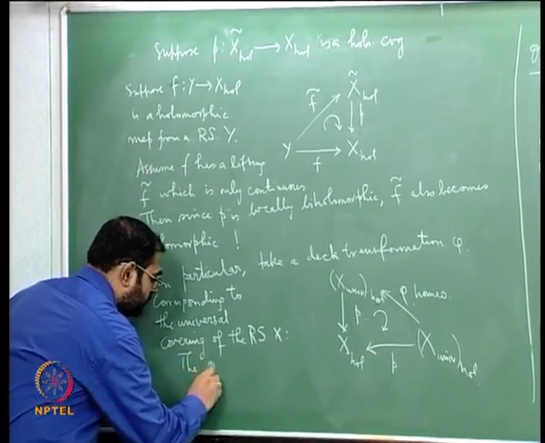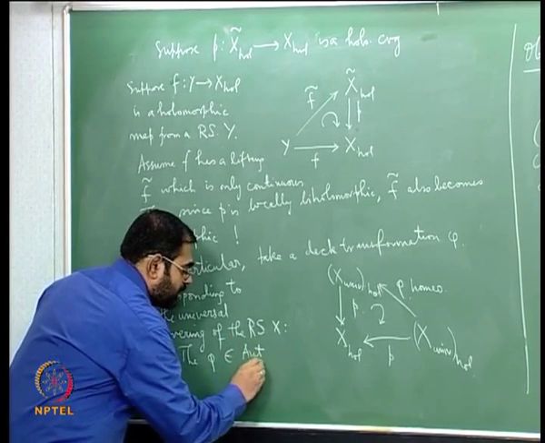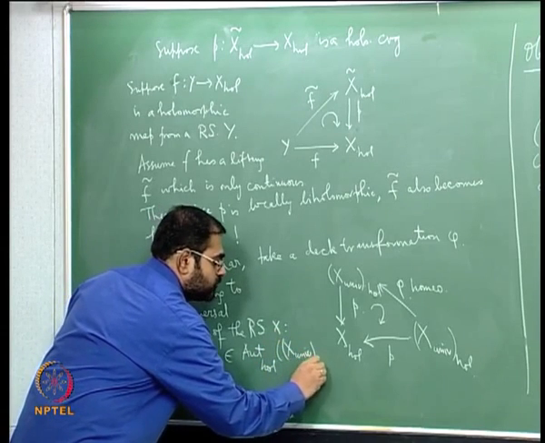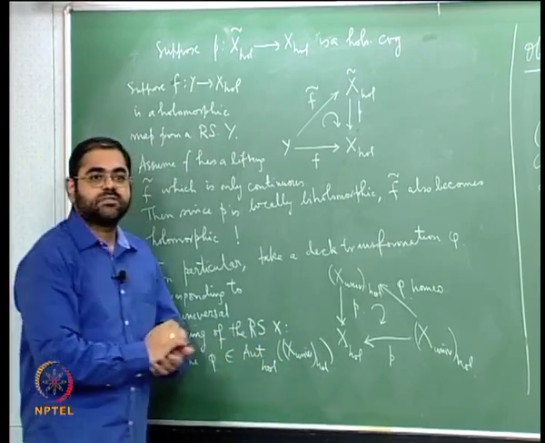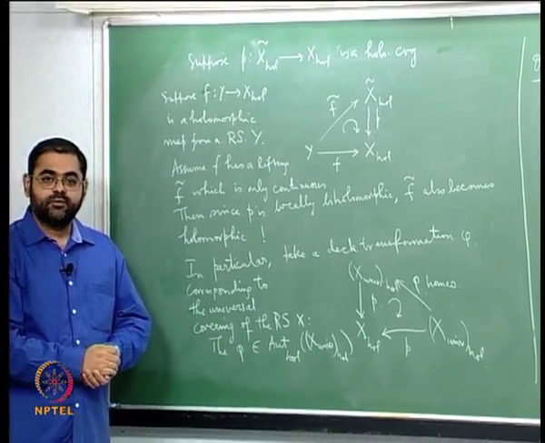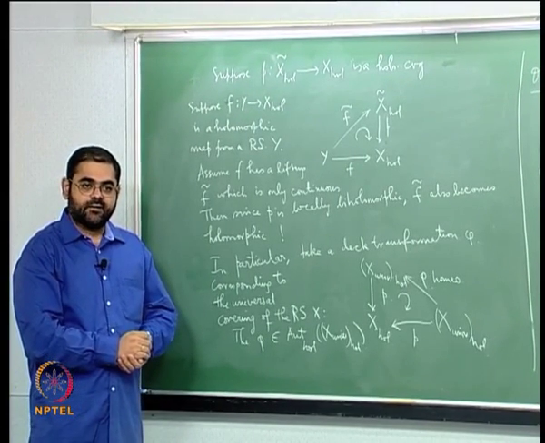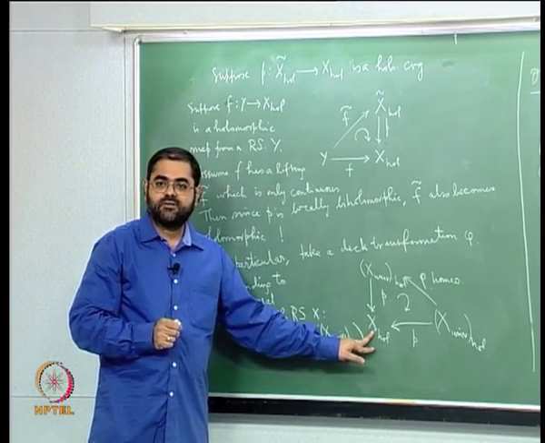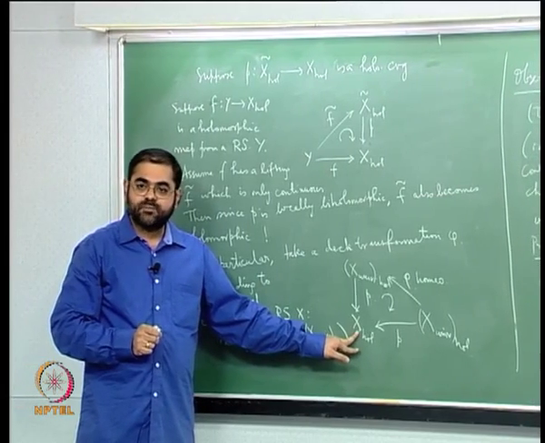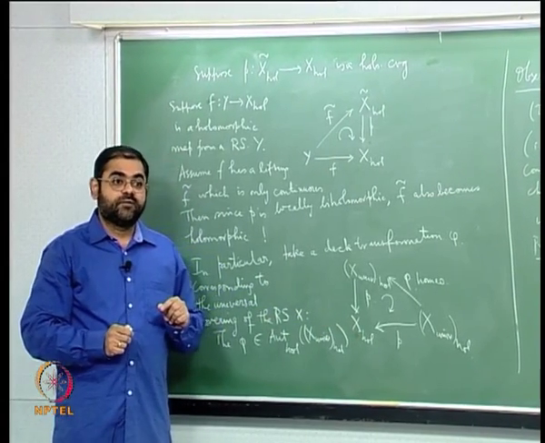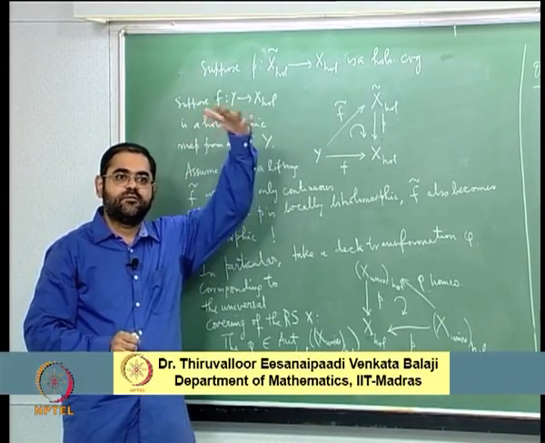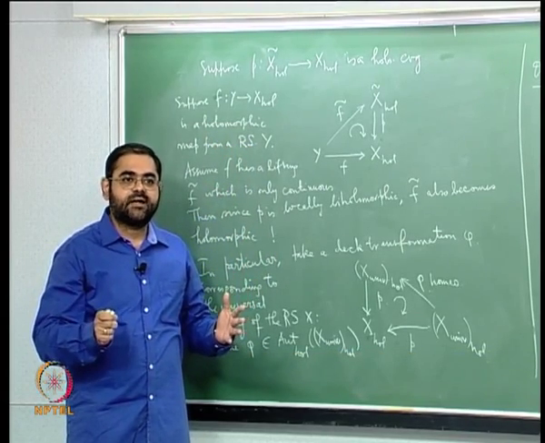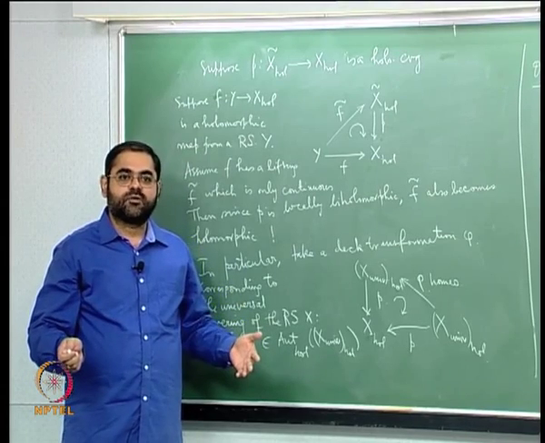So the moral of the story is, if you take the universal covering of a Riemann surface, then the deck transformation group, which is identifiable with the fundamental group of the topological space below, actually becomes a subgroup of the holomorphic automorphisms of the universal covering, with the universal covering being given the one and only holomorphic structure that makes the covering map P holomorphic.